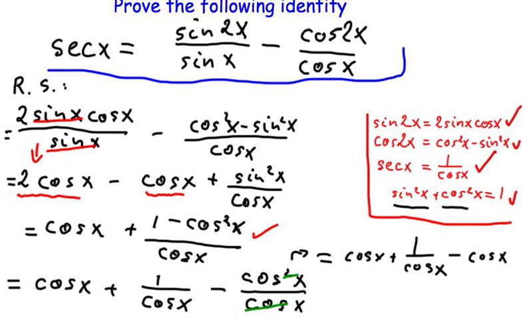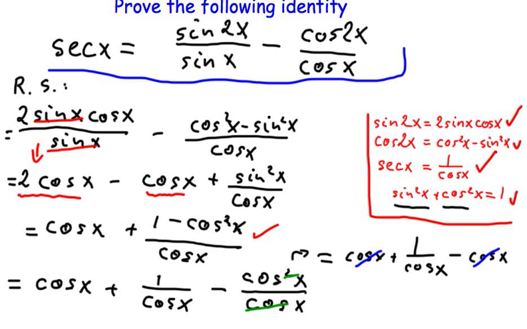So cos x plus 1 over cosine x minus, again, cosine x. So cosine and negative cosine are gone. What you have remaining here is just 1 over cosine x.